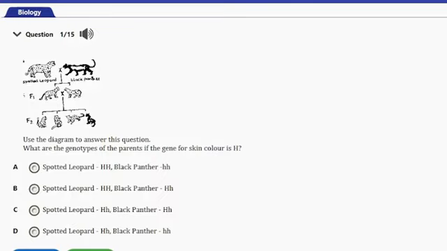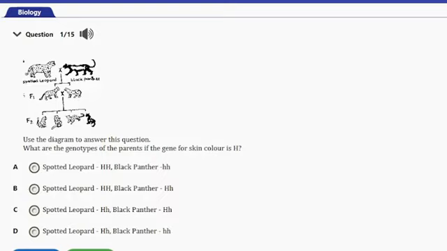So that's what you have here. You see three animals from here showing the dominant spotted leopard phenotype character, whereas the last one is phenotypically same as the black panther.